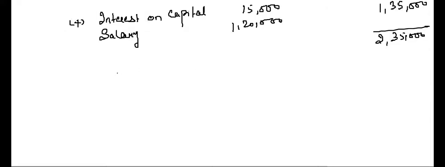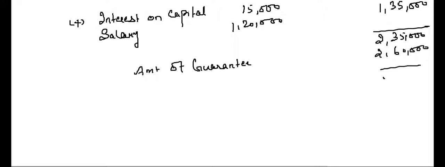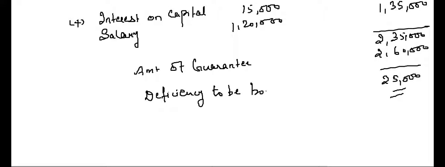Now, what is the guaranteed amount? Amount of guarantee: 2,60,000. So what is the deficiency to be borne by whom? A. This is deficiency to be borne by A. Clear?